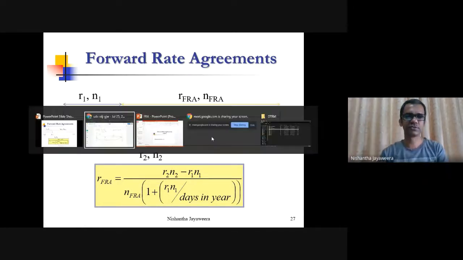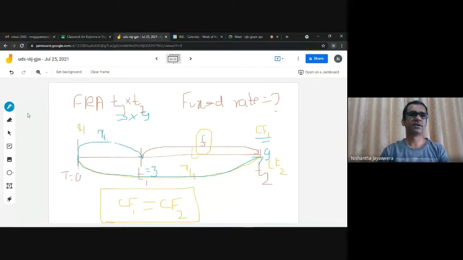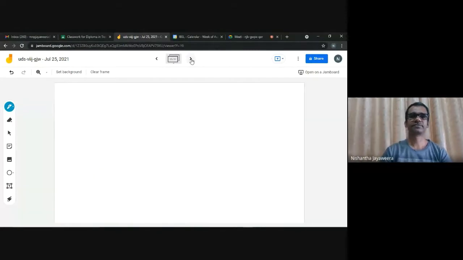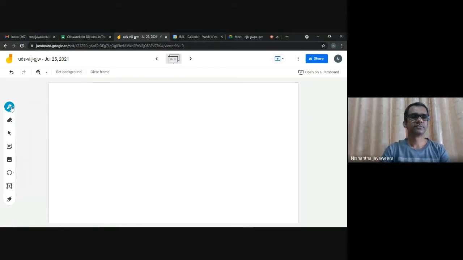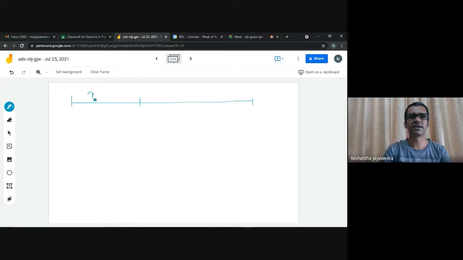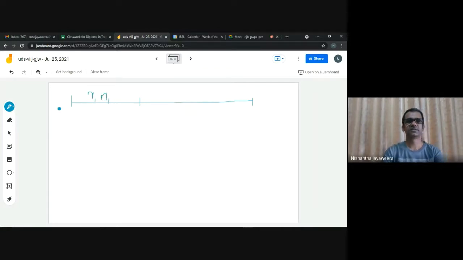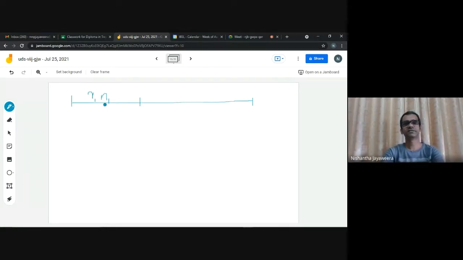If you want to see how we get it, to make it easy, I will put it as R1, N1. That means R1 is the interest rate for the first period, N1 is the number of days.